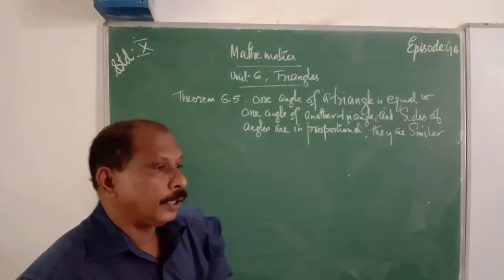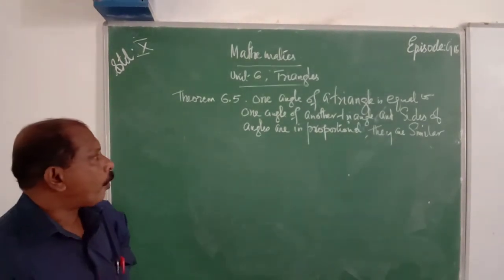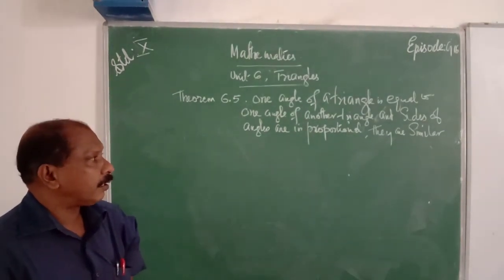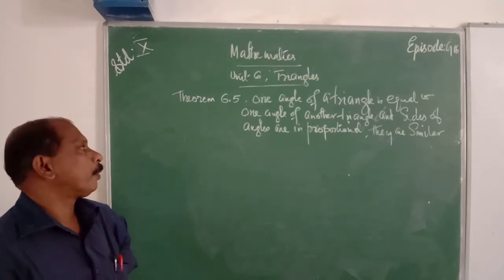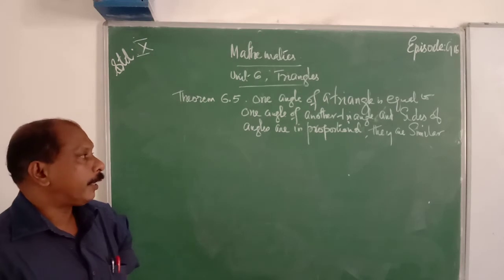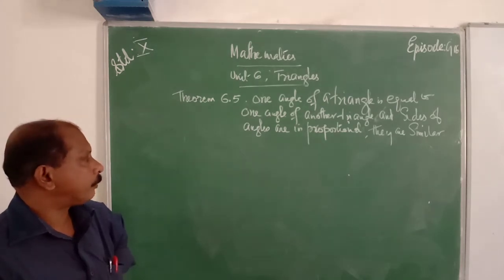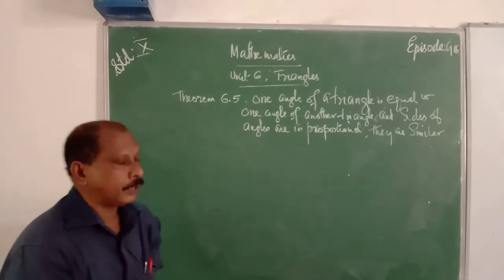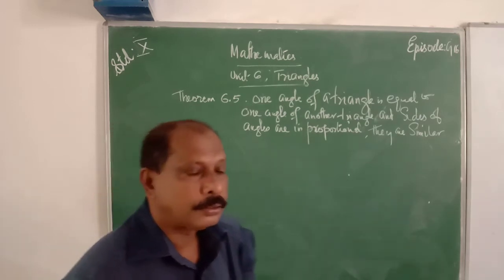Then the fifth theorem: if one angle of a triangle is equal to one angle of another triangle, and the sides including the angles are proportional, they are similar.